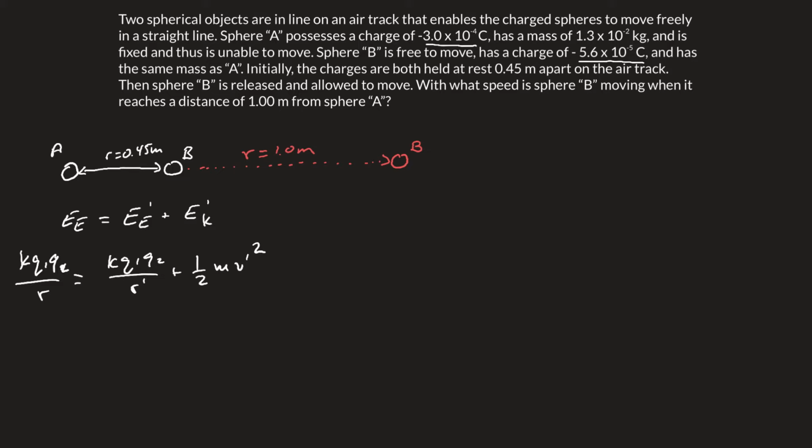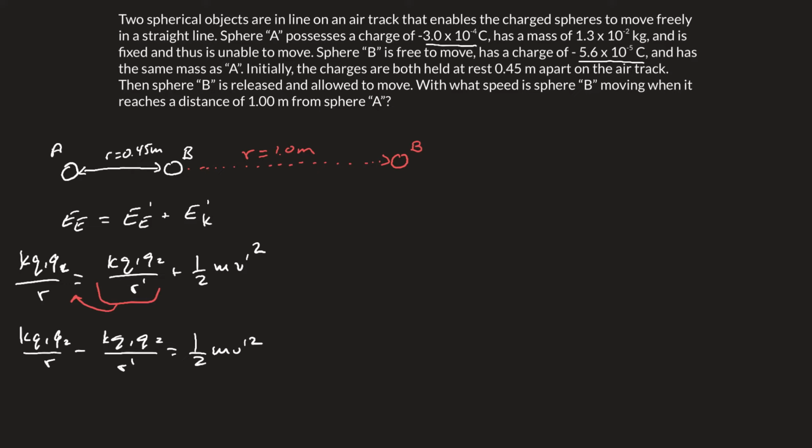We can also go ahead and rearrange this so that it equals V. So what we're going to do is bring over first this entire term. So we have K Q1 Q2 over R minus K Q1 Q2 over R prime. That's equal to 1 half M V prime squared. I'm then going to factor out the K Q1 Q2.